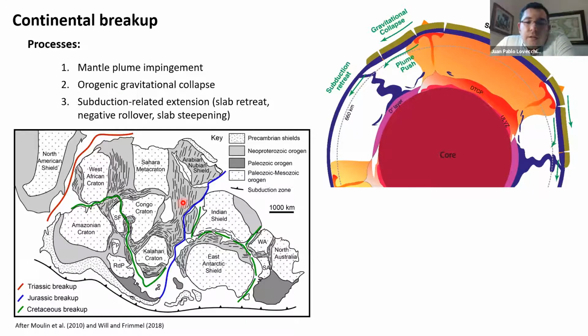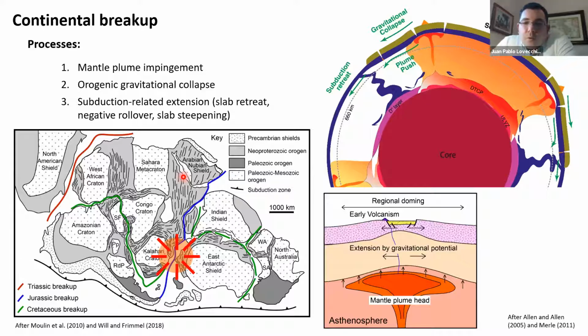We were talking before about a thermal anomaly that produces the active uplift of the asthenosphere. An example of this is the Karoo mantle plume that impinged here in Eastern Africa in the early Jurassic and produced rifting, volcanism, doming in this area, and split Eastern from Western Gondwana in the early to mid-Jurassic.